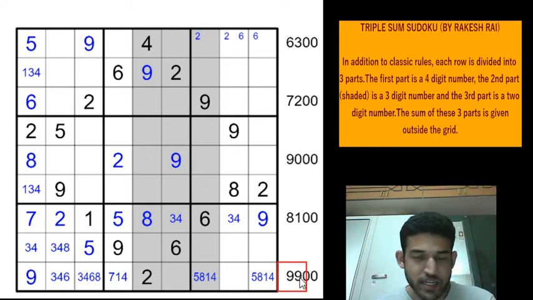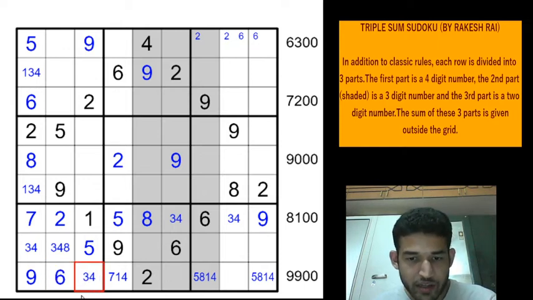You can never reach 9900 by having a 4 here. So this is going to be 6, right? You can't have a 3 and a 4. You can try using any possibility. You cannot have a 3 and 4 in row 9 column 2. So that will be a 6, and this will be a 3, 4 or 8.